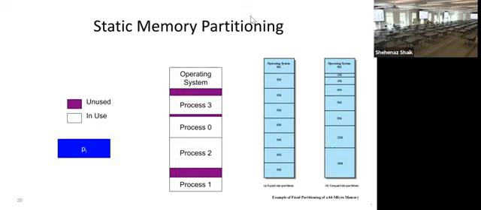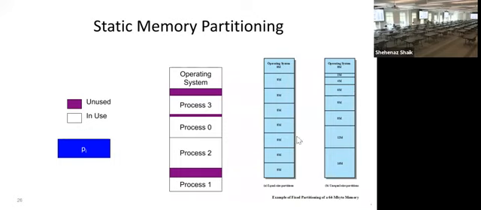Considering we're partitioning the memory beforehand and then identifying which of those available partitions is an appropriate choice for an arriving process, we can partition the memory in two different ways.